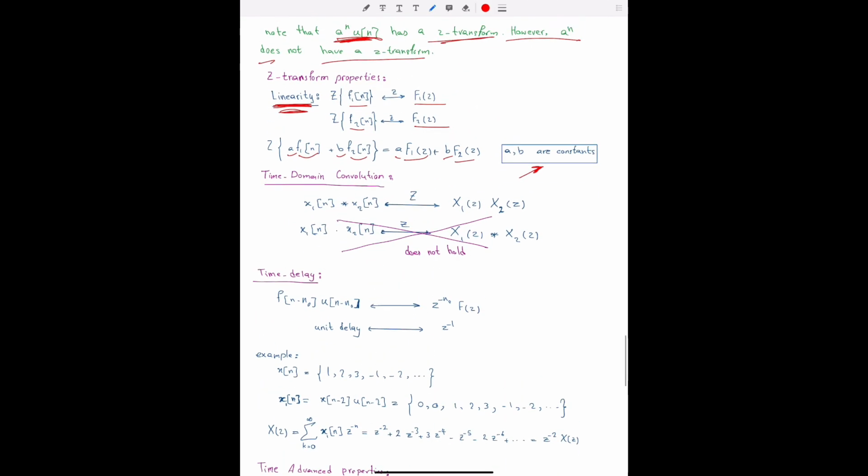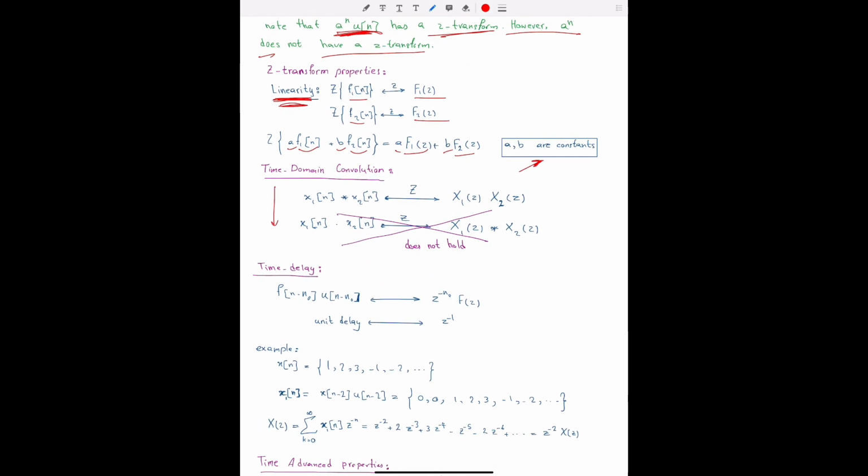For time domain convolution, if we have x1 of n convolved with x2 of n, we get x1 of z multiplied by x2 of z, which is interesting. However, x1 of n multiplied by x2 of n does not give us x1 of z convolved with x2 of z.